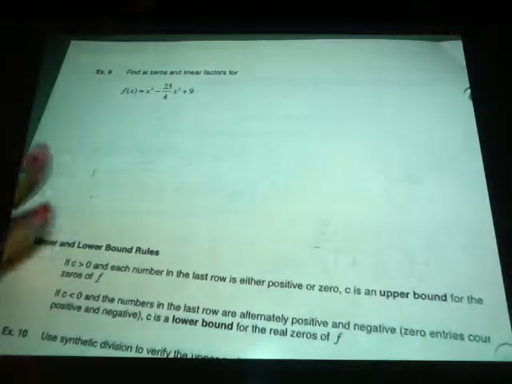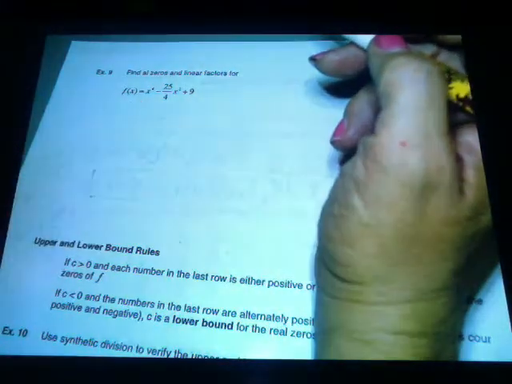Okay? All right, so then example 9. Now we're going to find all the zeros and linear factors for this one. This is a fun one. Yikes. All right, so let's start off with listing all of our possible factors. So I've got an x to the 4th.